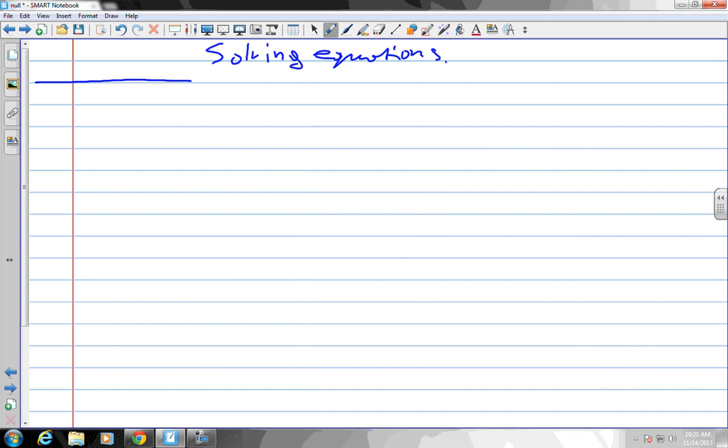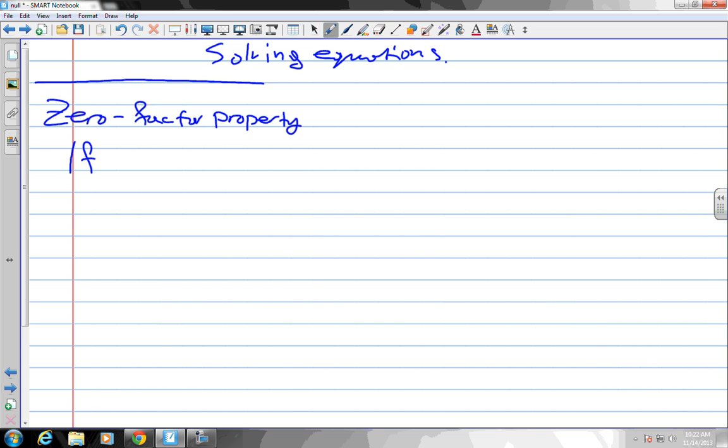So the first, we're going to use a property that's called the zero factor property, or zero product property, doesn't matter. So that's dealing with equations where one side equals 0 and the other side is factored.